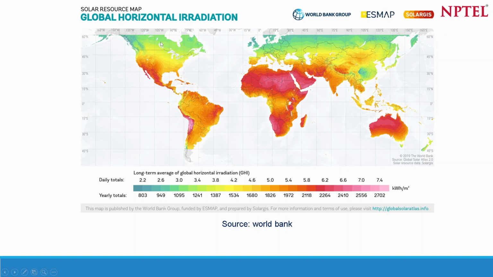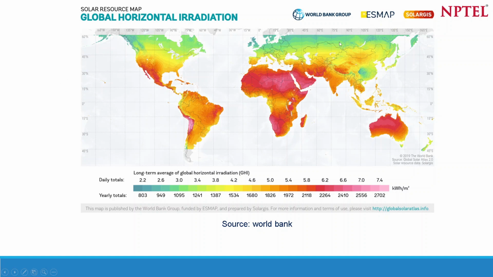You can see this is the equator line. Most of the sun rays are quite intense in this region, plus or minus 15. So this is the region which has most of the energy coming from the sun, and the rest of the energy is distributed throughout the subtropical regions, and the subarctic regions, between 45 and 60, see very little radiation.